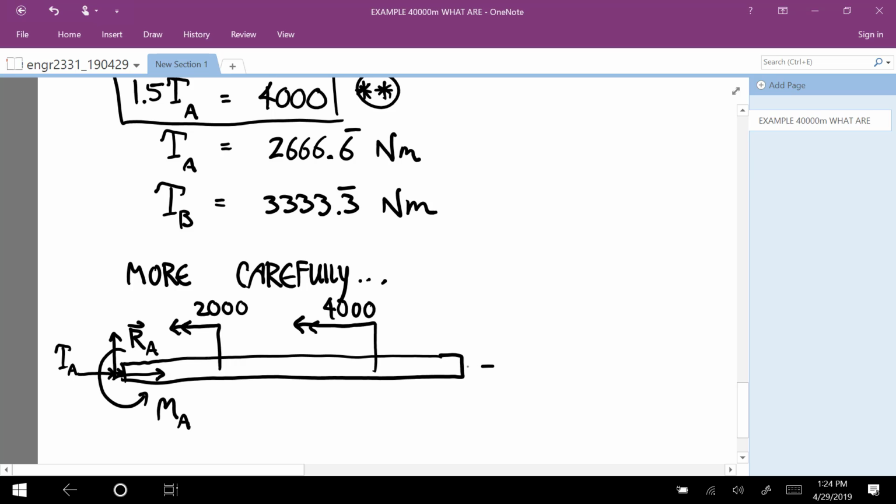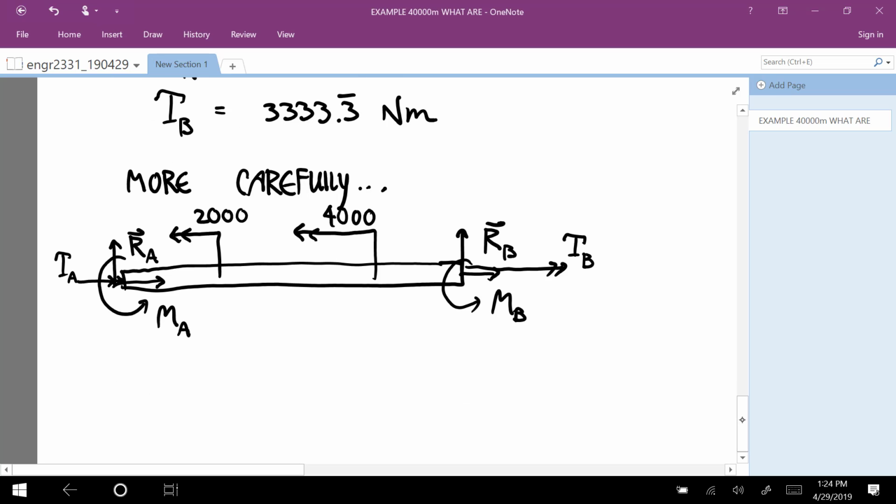Same thing over here. So this is RB, couple MB, and then a torque TB. And now go to the statics.